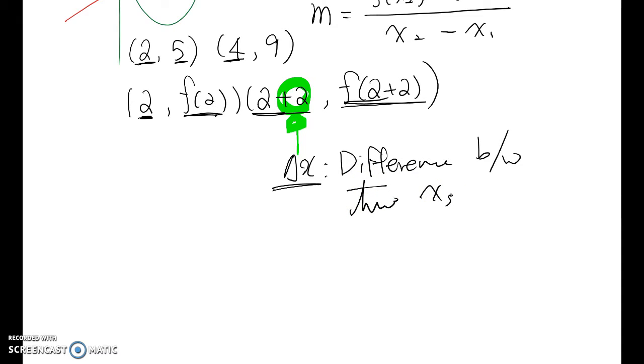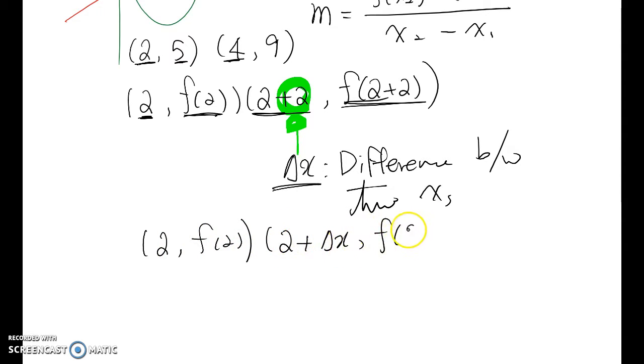Therefore, I can rewrite this again: 2 comma f(2), and then 2 plus delta x, f(2 plus delta x). So far so good. Now, the initial x point, the x1 point, I randomly chose x1 equals 2. But as you know, x1 can be any number. What if you choose -1, or 0, or 3, or -5, something like that, right?